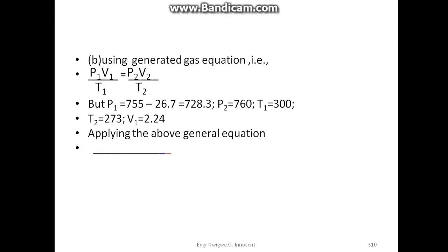Applying the above equation, P1, which is 728.3, times V1, which is 2.24, divided by T1, which is 300, is equal to P2, which is 760, times V2, which is unknown, over T2, which is 273.